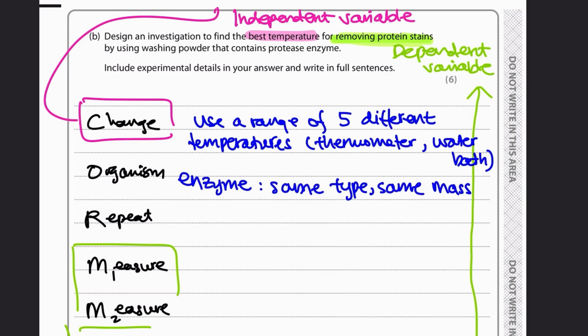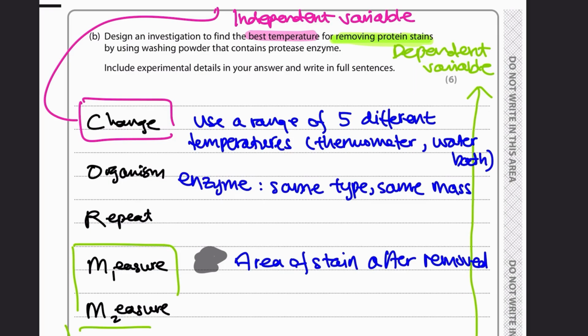So if you have a big ugly stain like this, how are you going to measure whether or not it's been effectively removed? You can, for example, measure the size of it. Size is too vague, so perhaps the diameter or the area of the stain after it's removed, or basically how much it has shrunk.